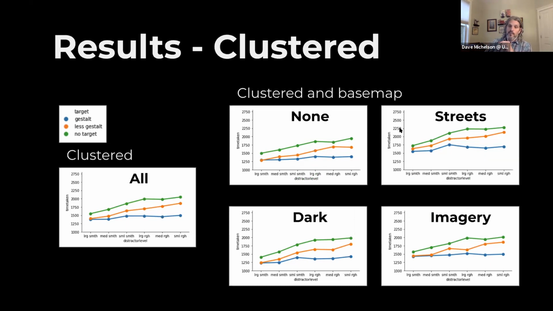Another thing to notice is the same pattern: the streets and imagery's fastest times are really the slowest times in the none and dark. And again, the only time there's statistical equality in reaction time is at the lowest conditions, at the fewest number of distractors, which we should expect.